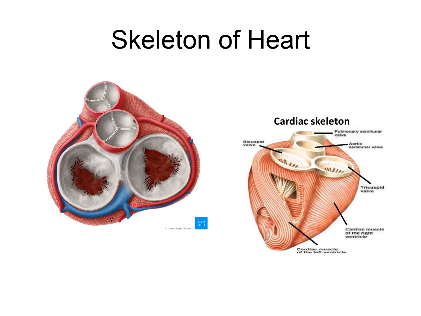The fibrous connective tissue also provides electrical insulation between the atria and the ventricles, and it provides, as we know, the site for the attachment of the cardiac muscle on it. So the fibrous connective tissue is working as the skeleton of the heart.